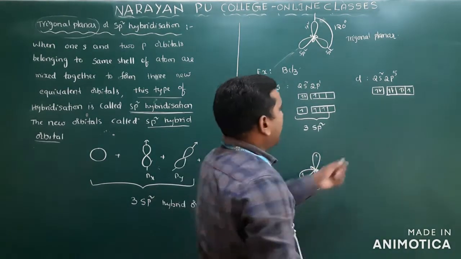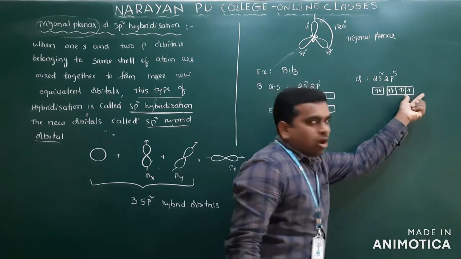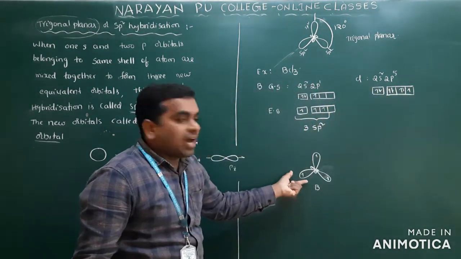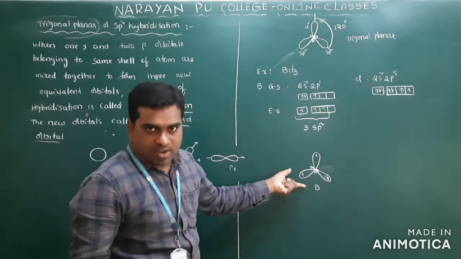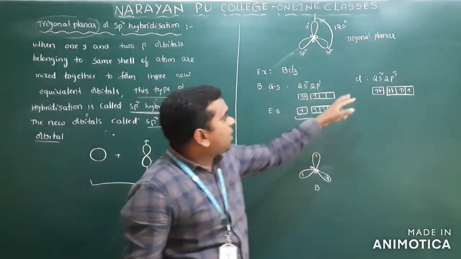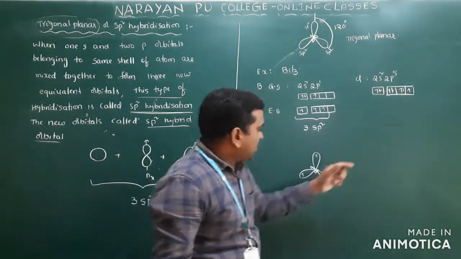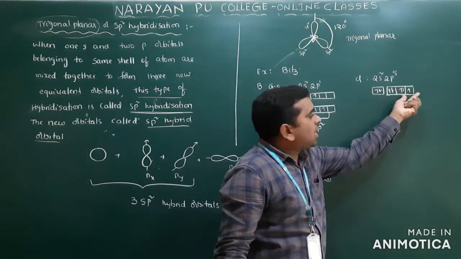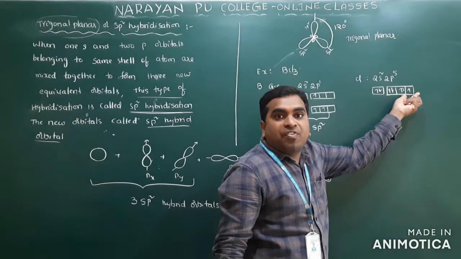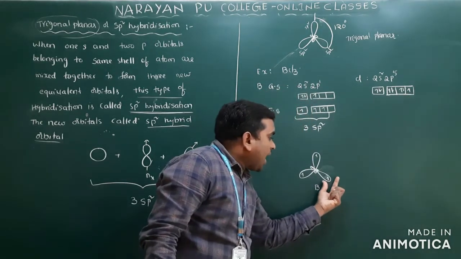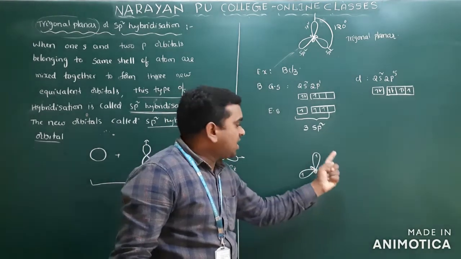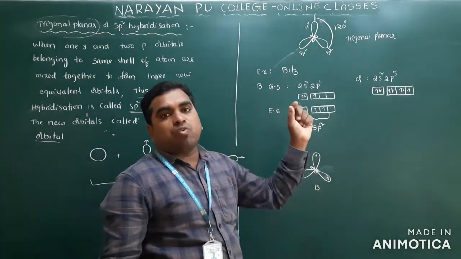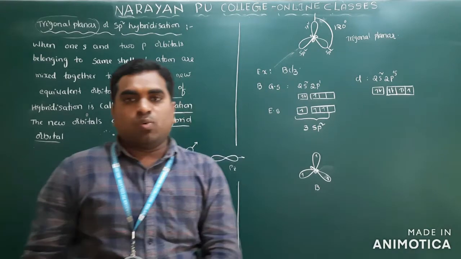Clear? So one of these p orbitals overlaps with one of the sp2 hybrid orbitals of boron. But how many chlorine atoms are there? 3 chlorine atoms. Each chlorine atom's unpaired half-filled orbital overlaps with one of the 3 sp2 hybridized orbitals of boron and forms a covalent bond.